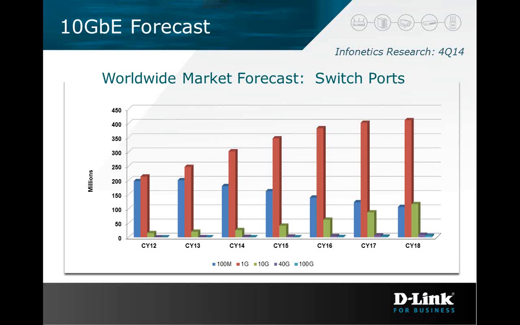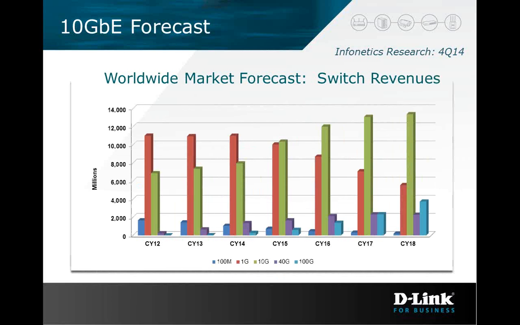Now the one that's of interest to us today on this webinar is the green vertical column. That's 10 gig. And we see also here a nice growth pattern with 10 gig, and it's not slowing down. So we have good growth on 10 gig from a ports perspective. The other bars, by the way, are 40 gig and 100 gig. That's a little bit beyond the scope of today's presentation. Those are down in the noise right now anyway.